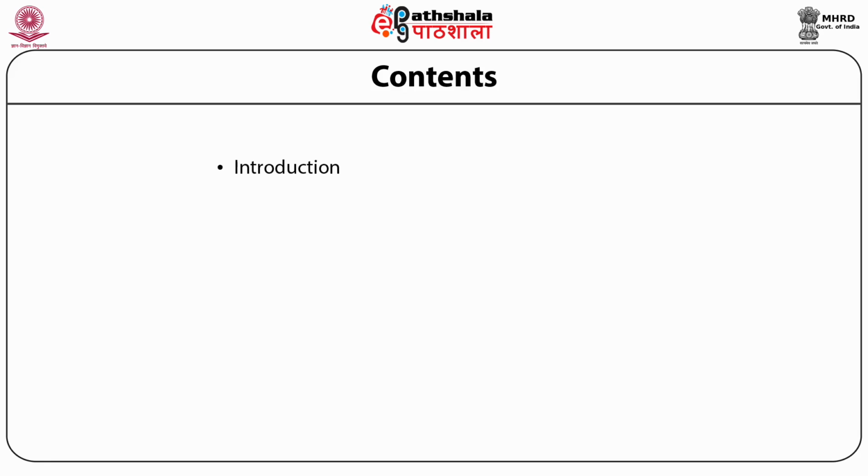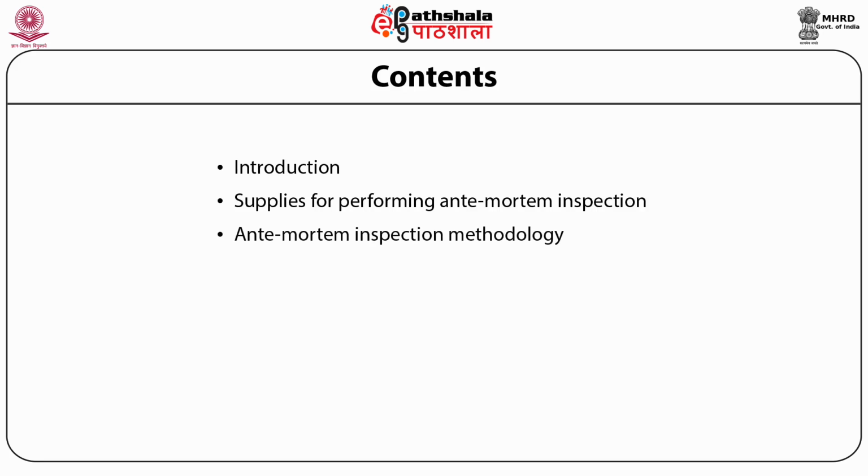First of all, we will cover the general aspects of performing ante-mortem inspection methodology in the introductory part. After that, ante-mortem inspection methodology is distributed and explained under following sections, that is observation at rest, observation in motion and safety measure during the inspection.